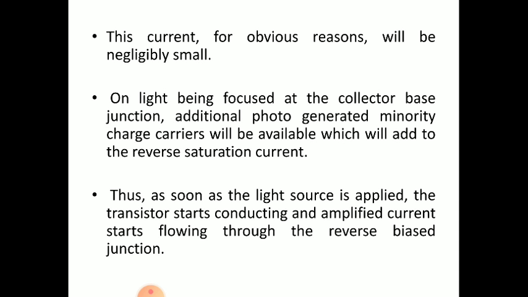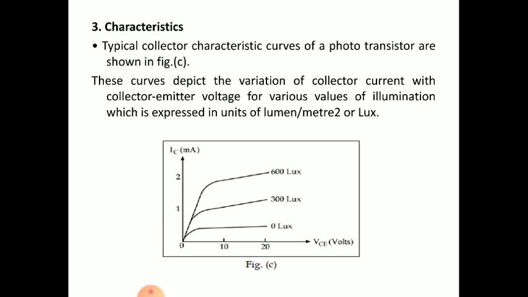Thus, as soon as the light source is applied, the transistor starts conducting and amplified current starts flowing through the reverse biased junction. So that's how the phototransistor will function.